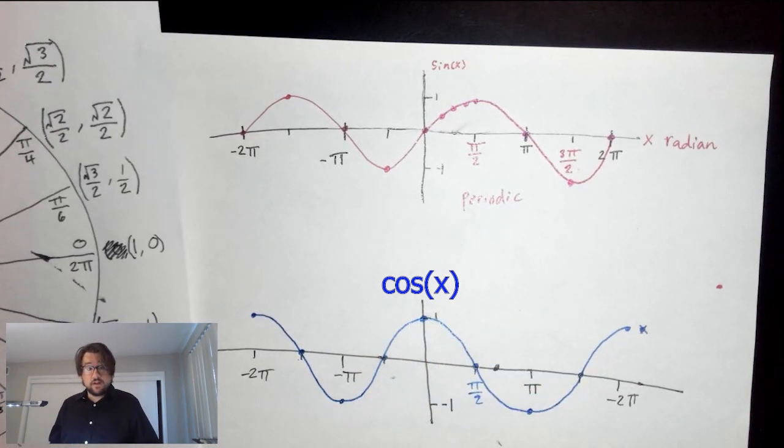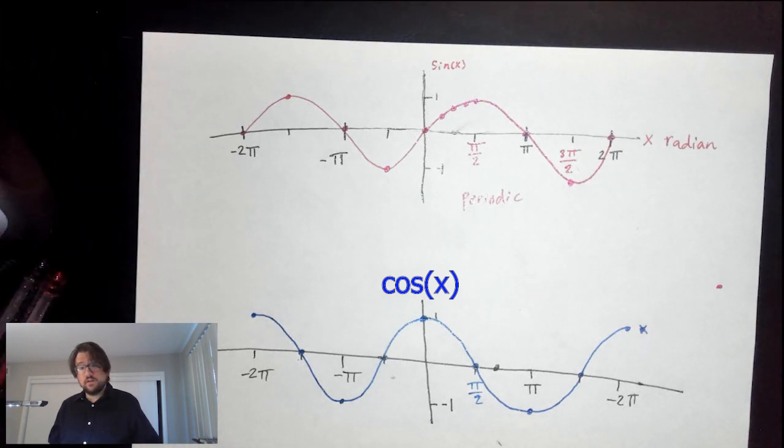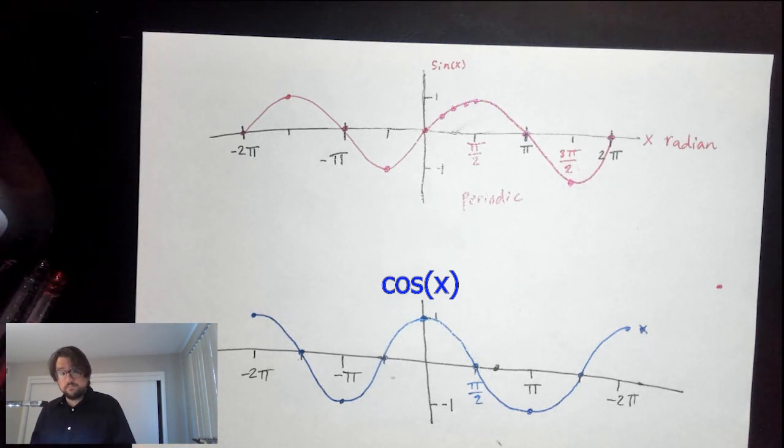You can also graph these on Desmos or on your calculator to see a more accurate representation.